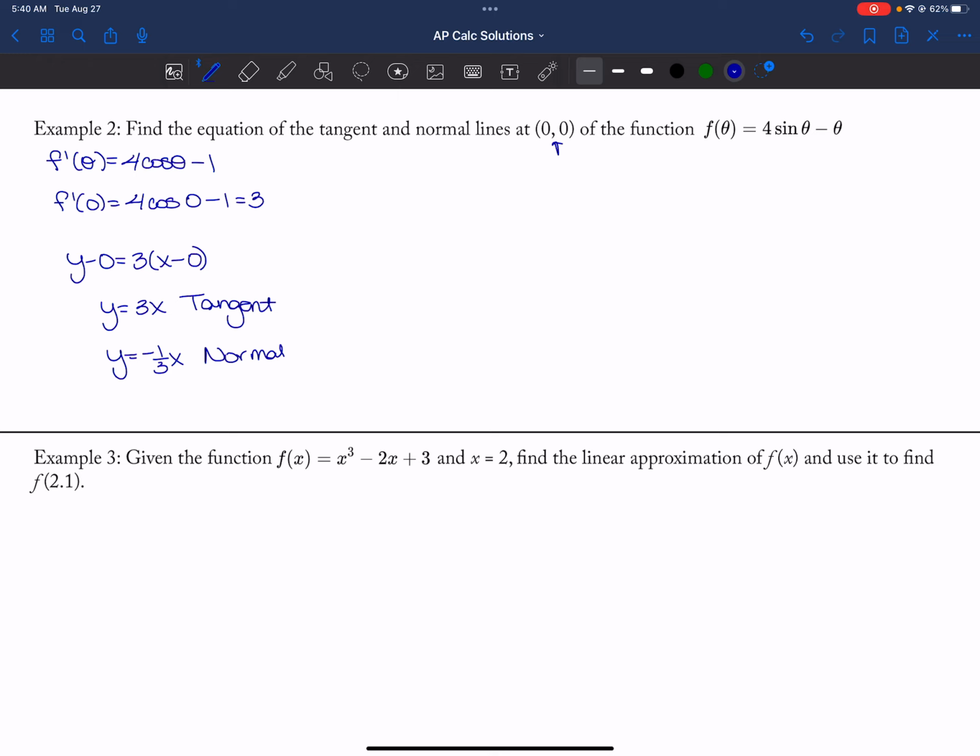Oh, I guess we should use theta, because that was the original independent variable. We shouldn't change them. Okay.